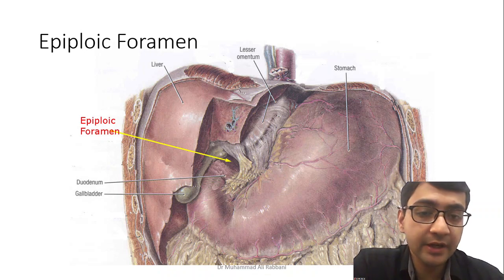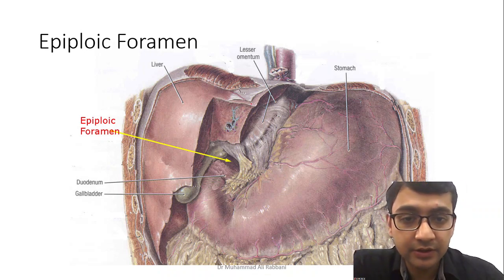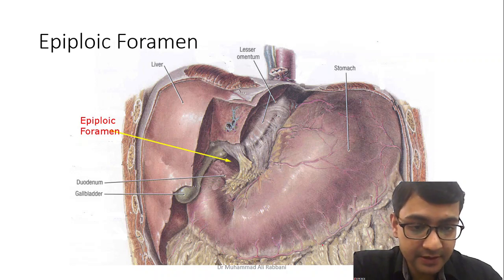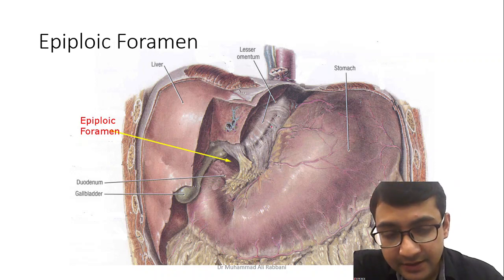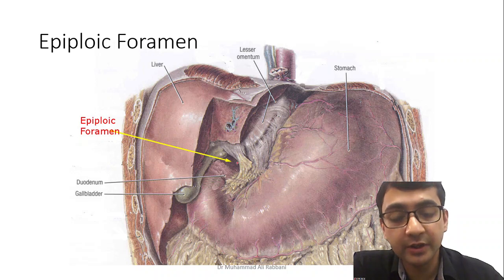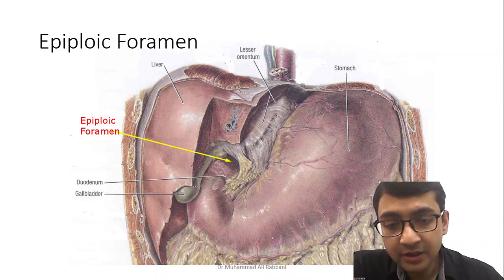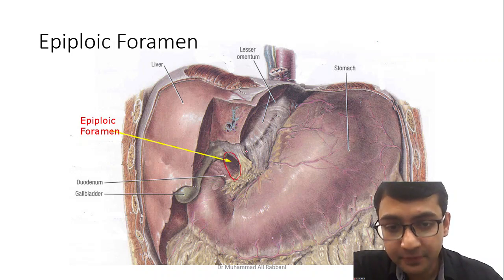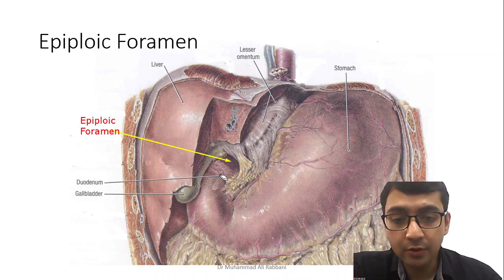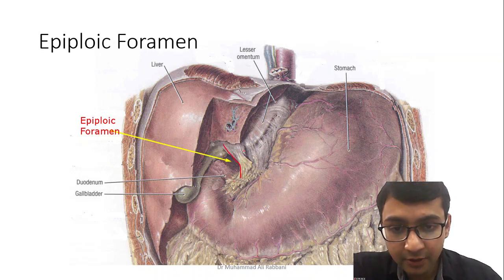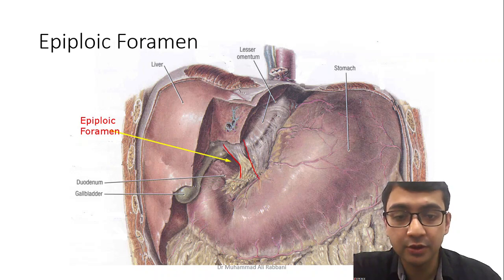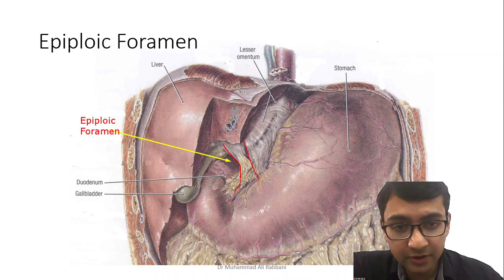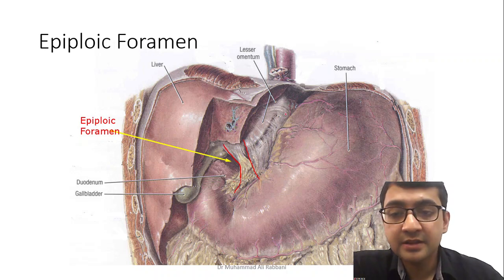You are seeing the stomach and lesser omentum without removing them. So this is the lesser omentum, this is the stomach, this is the greater omentum below, this is the lower free margin of the lesser omentum, and here is the epiploic foramen. So what are the boundaries of the epiploic foramen? Anteriorly it is bounded by the part of the lesser omentum that runs between the duodenum and the liver. It is said by many names.